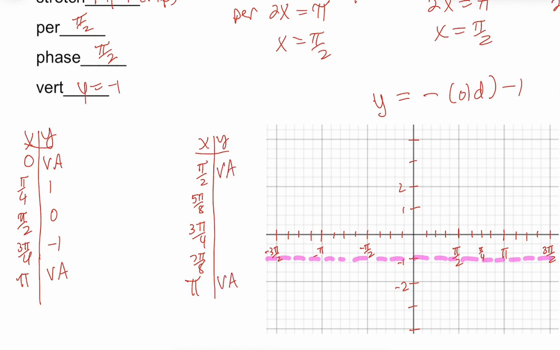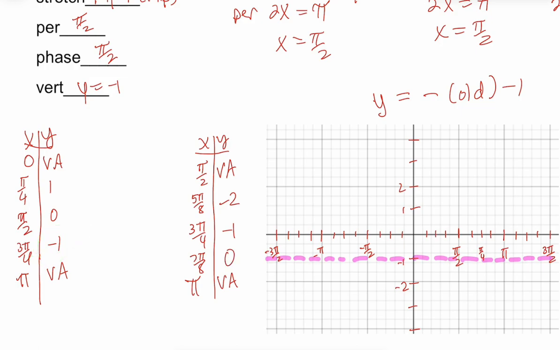First and last spot are vertical asymptotes. So if we start here, the opposite of negative 1 is 1, minus 1 is negative 2. The opposite of 0 is 0, minus 1 is negative 1. That 0 in the original should always be on the new midline, so it is. And then the opposite of negative 1 is 1, minus 1 is 0.